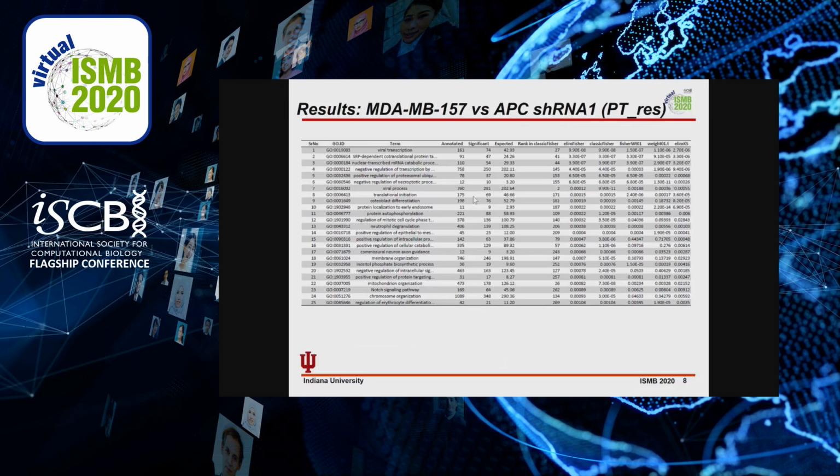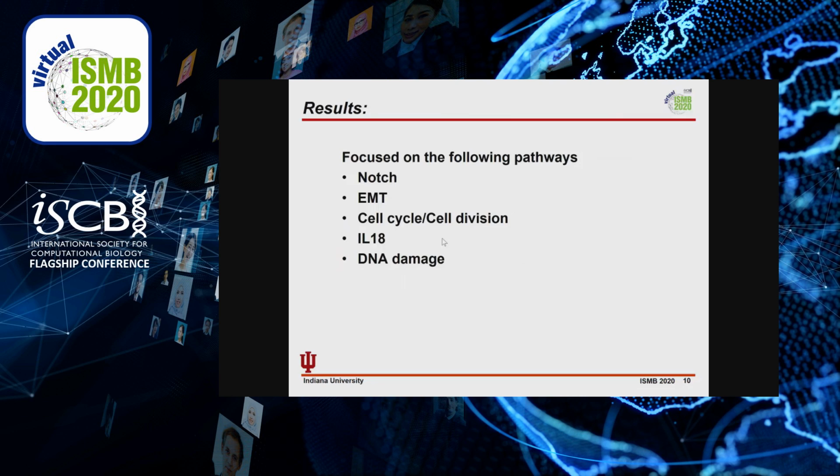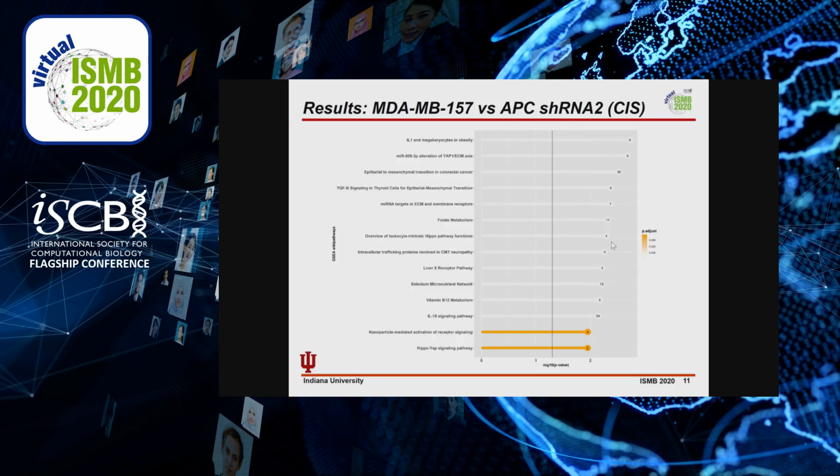We looked at WikiPathways, we looked at gene ontologies, and we also mapped the expression levels onto the relevant pathways. In this case, this is the Notch pathway. The pathways that we were focused on essentially were Notch, EMT, cell cycle and cell division, IL-18, and DNA damage pathways.